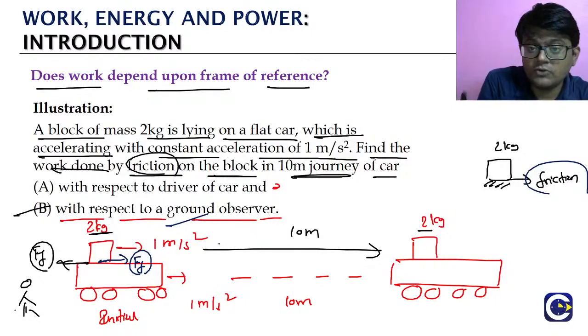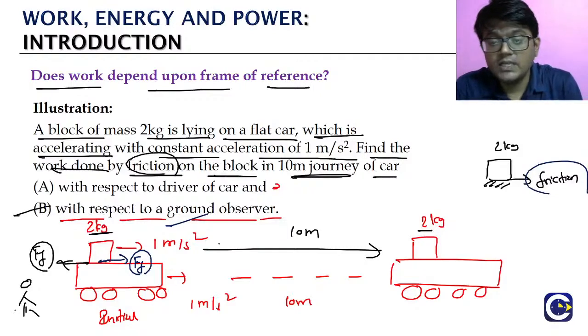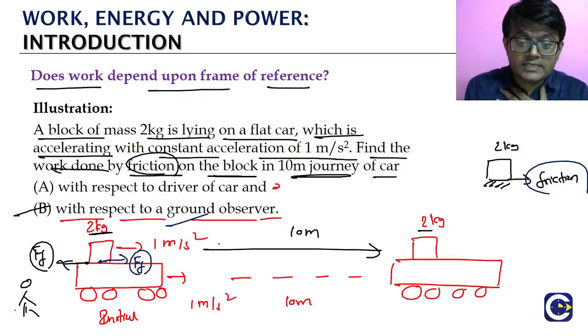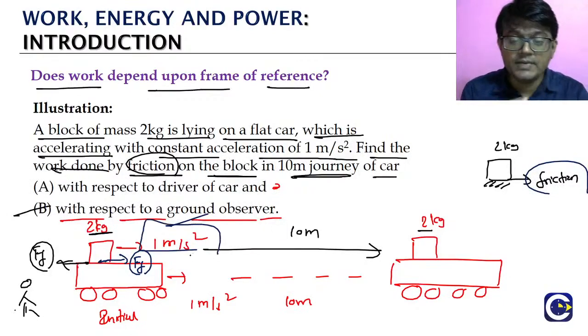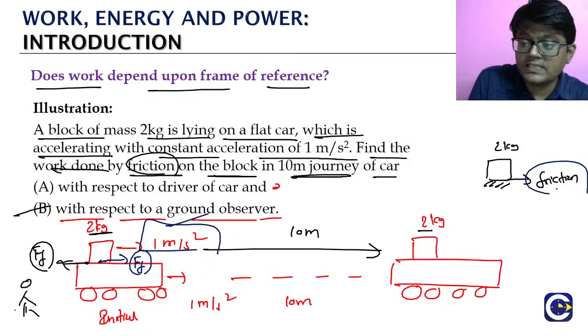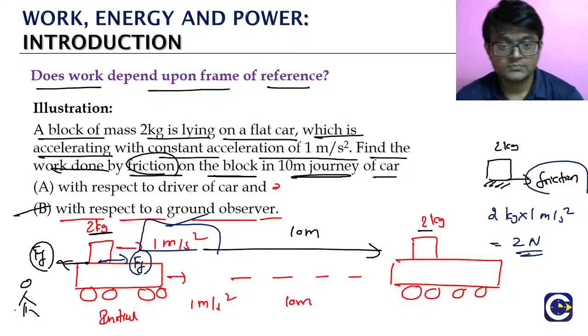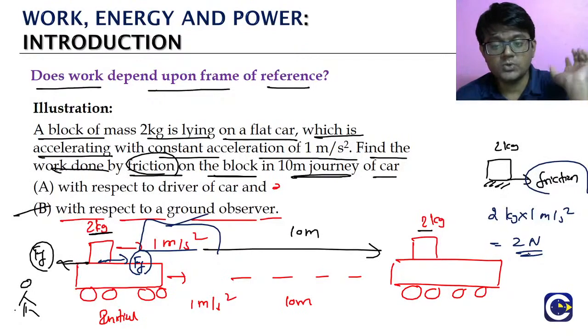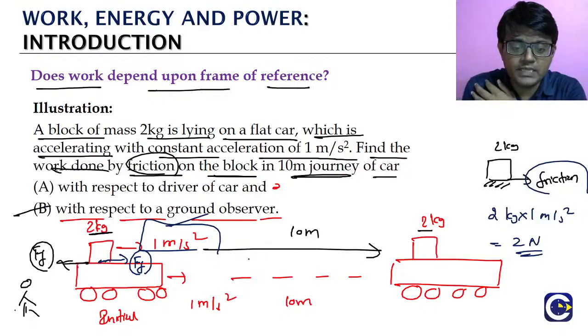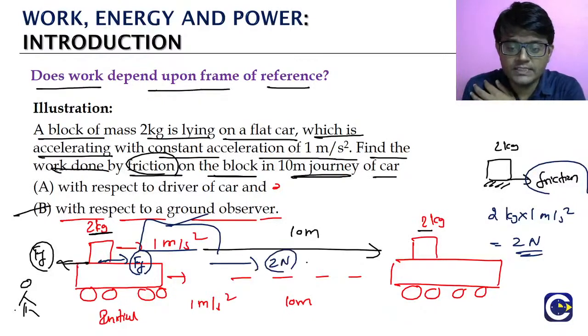Since it is the only horizontal force, the frictional force must be the mass of the block, 2 kg, into its horizontal acceleration, 1 meter per second square. So it is 2 newtons, in the forward direction.